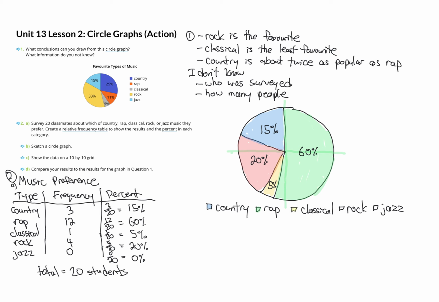Okay, so classical is yellow. Rock was 20%, so that's blue. Oh, sorry, that's not blue, that's red. There we go. And then jazz, we didn't have any data for, so I'm going to make that one gray.